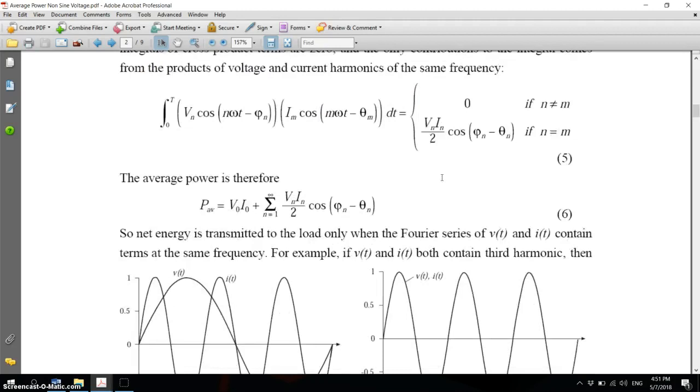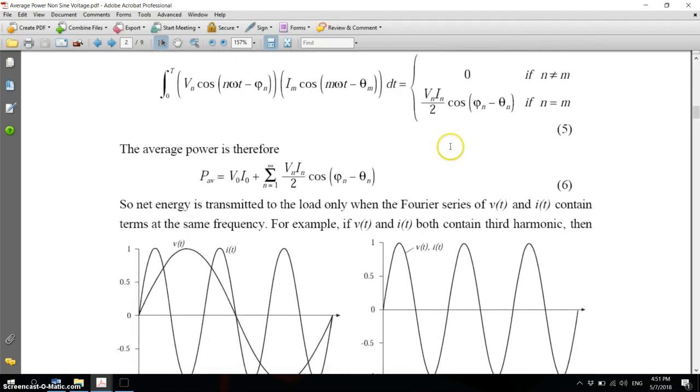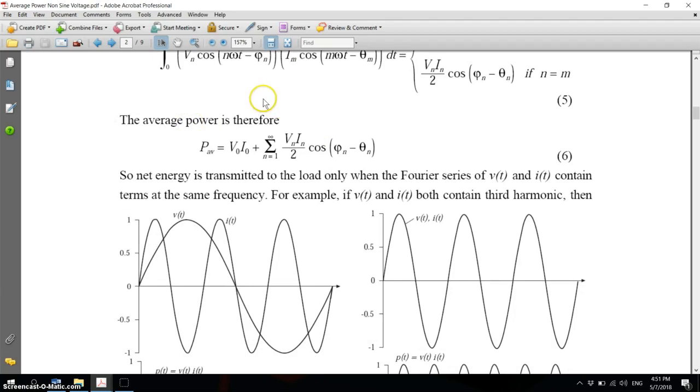Okay, so the final equation, which is equation number 6 here, the average power for any system, for any waveforms, is always represented by this equation, which is V0 I0, the average of voltage and the average of current if they exist, plus the summation of the harmonics, the voltage and current at the same harmonics only.